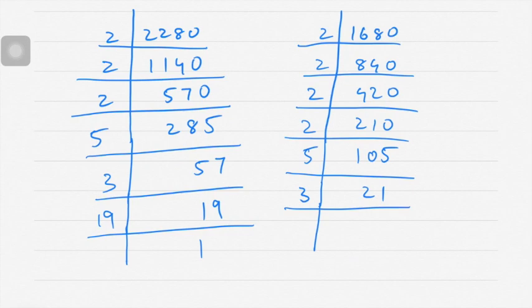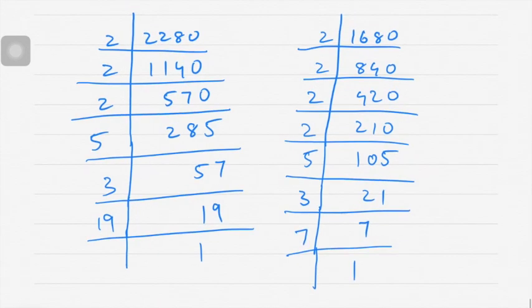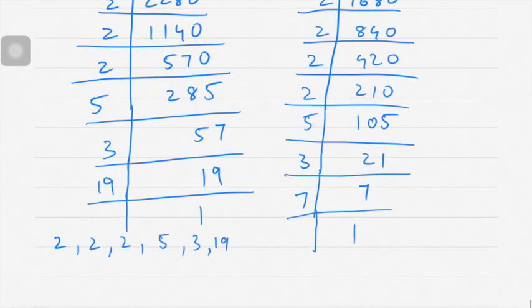Then 3, 7s are right, and 7 1s are. So the prime factors of 228580 is 2, 2, 2, 5, 3 and 19.